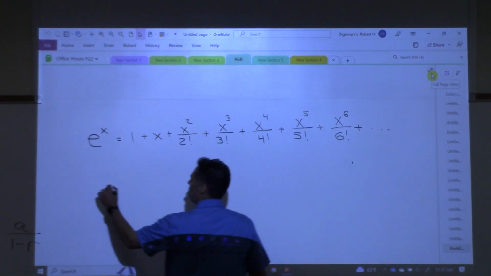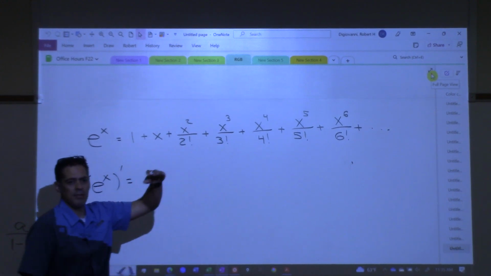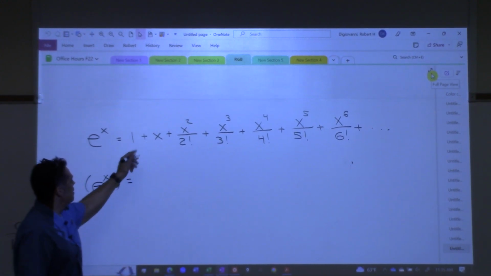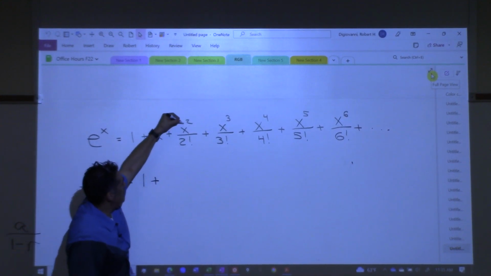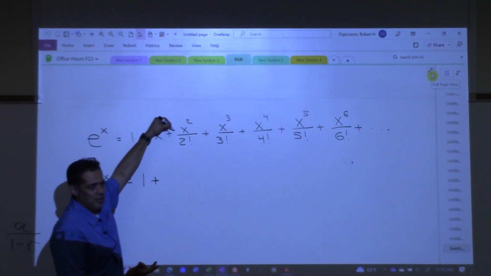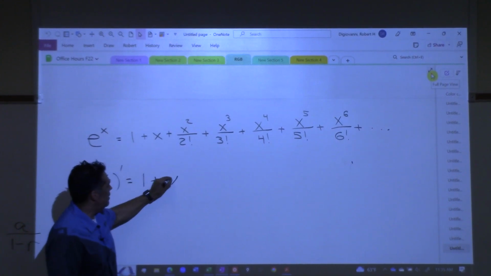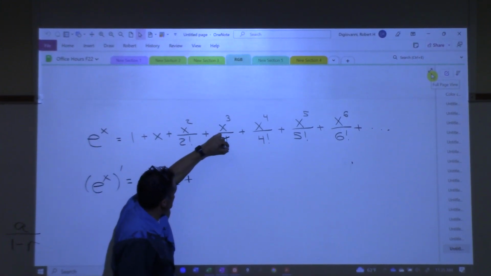Let's try. Take the derivative of this. What's the derivative of 1? Okay, what's the derivative of x? 1. Okay, now here, with the power rule, 2 comes out. What's 2 factorial? 2 times 1, right? So the 2's cancel and you just get x. Okay, here, the 3 comes out. 3 factorial is 3 times 2 times 1, isn't it?